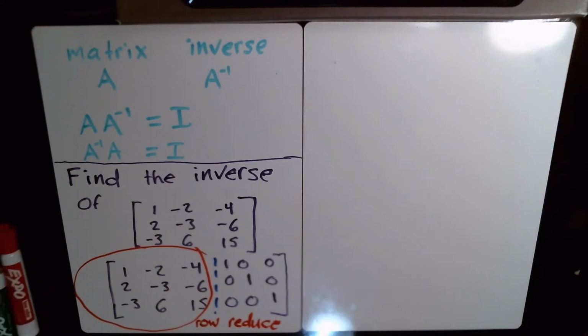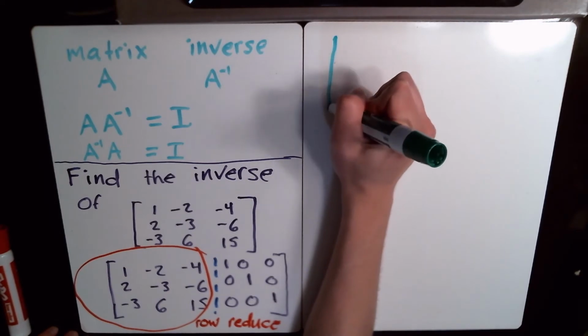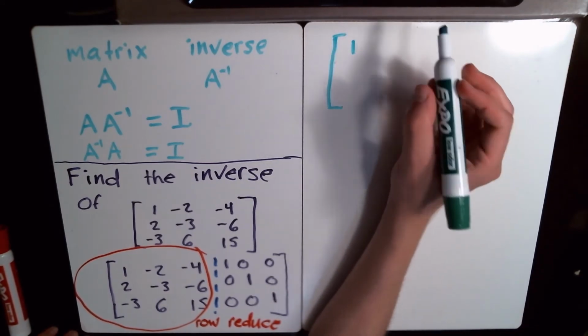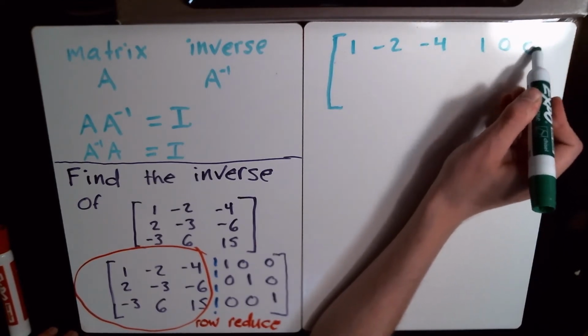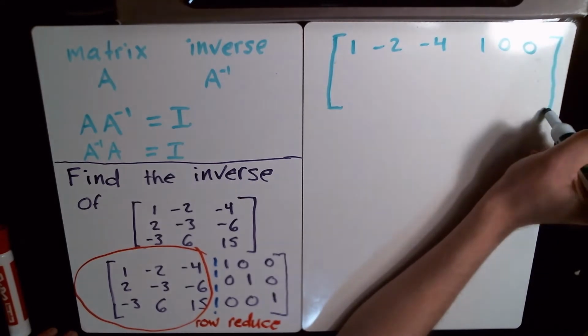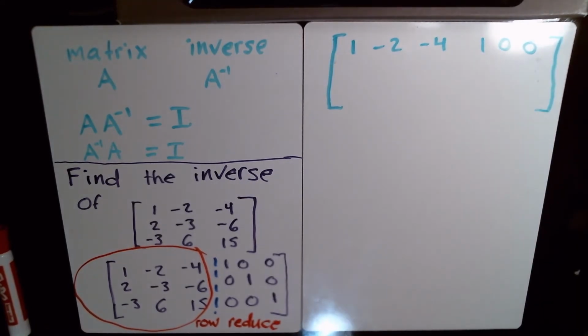Okay, so let's go ahead and start our row reduction, right? And so our first step with that is we want a 1 up here in this corner, and we already have that, so we're okay there. Okay, so we'll leave that 1 there. So that row is going to stay the same. But I also want to get rid of the 2 numbers below that leading 1, right? I want to get those to be 0.